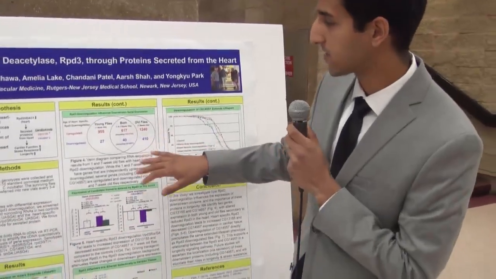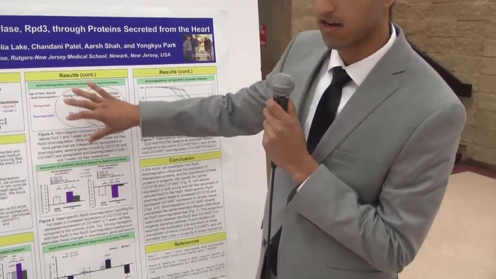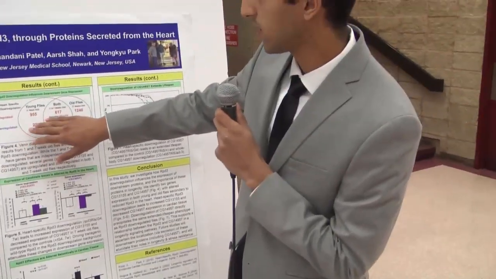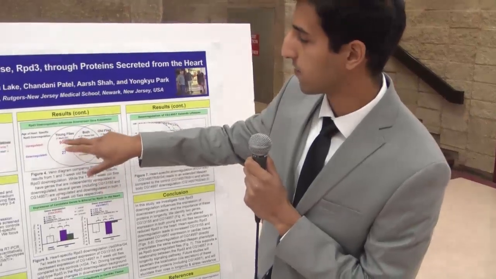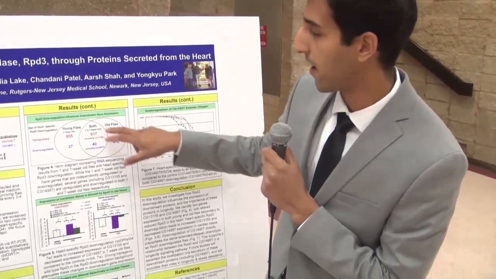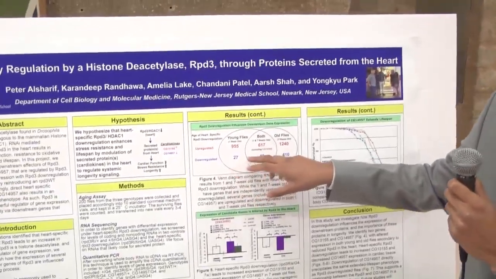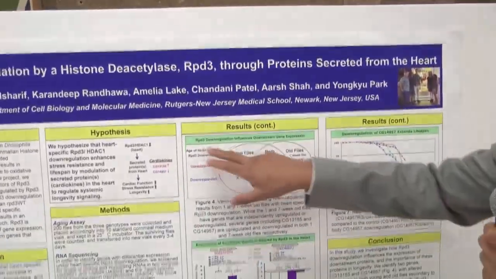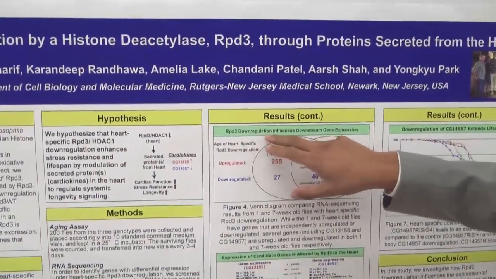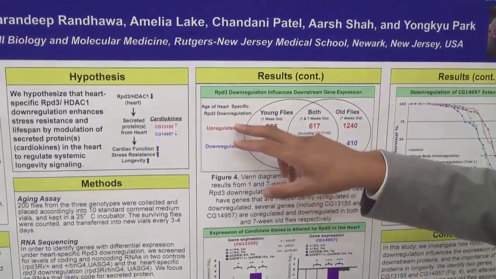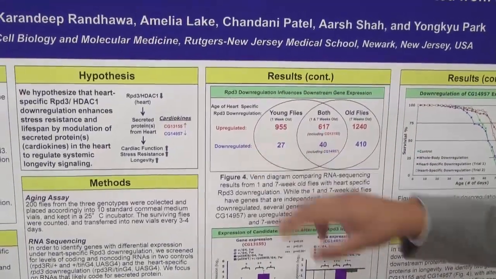Next, we decided to conduct an RNA screening assay in which we looked at all of the RNA within the young flies and old flies and compared which RNA was downregulated and upregulated in both flies. Now remember that this is for RPD3 downregulation, so we wanted to see which downstream genes were upregulated and downregulated.